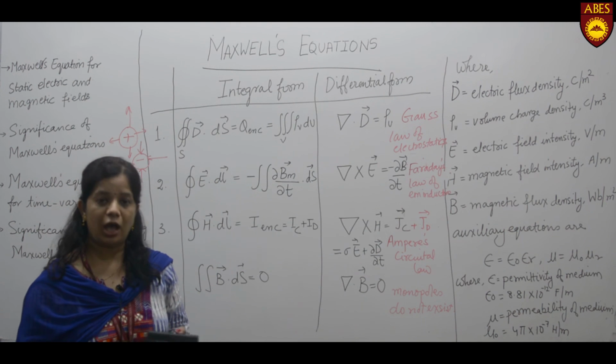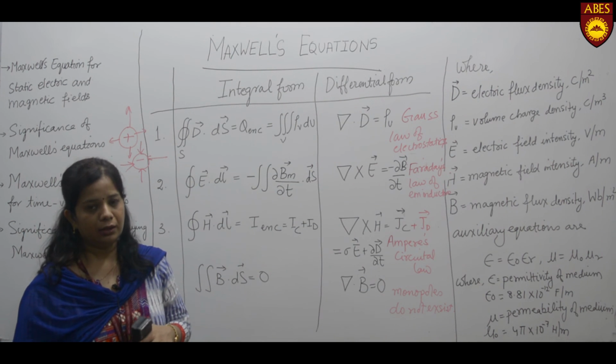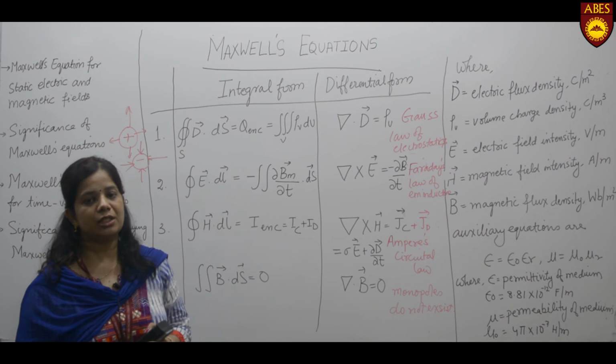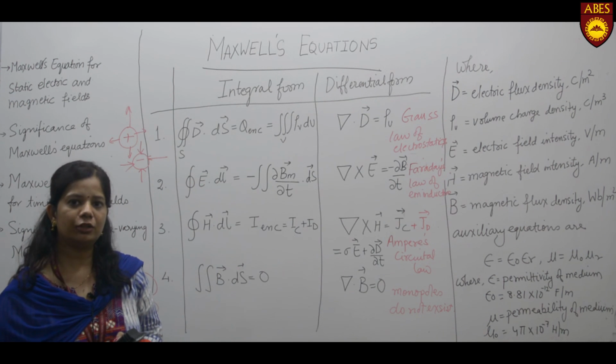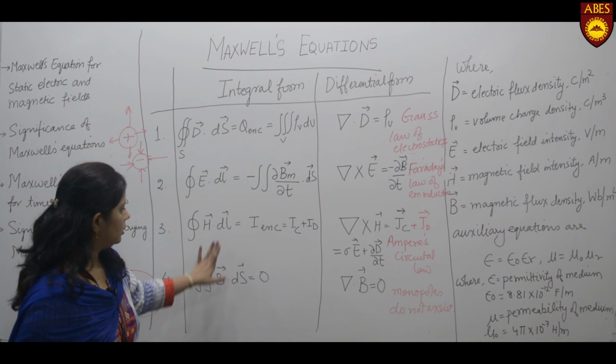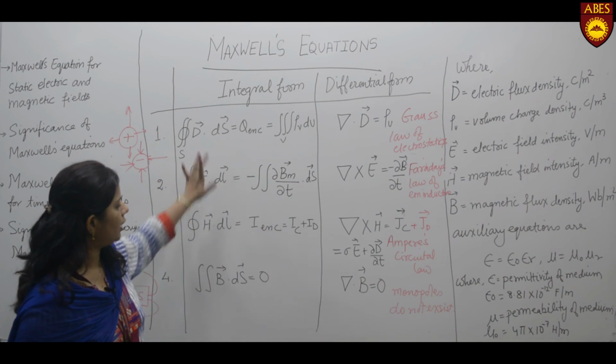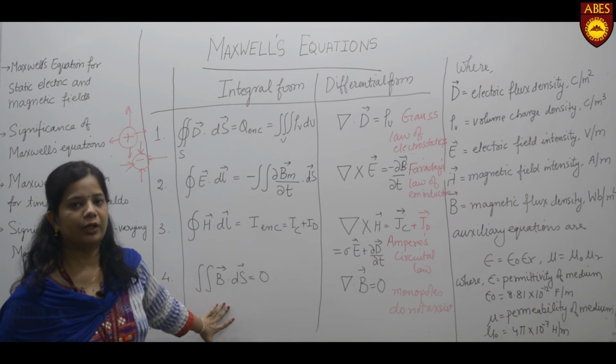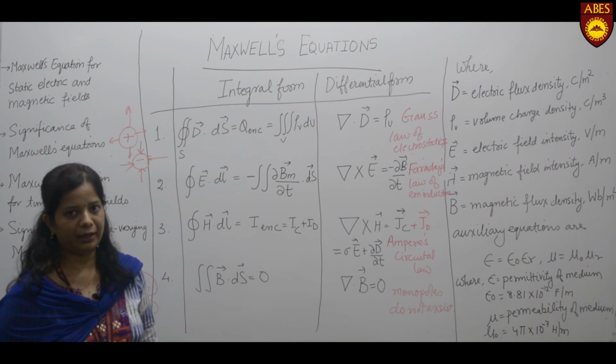Displacement current is a hypothetical current which was coined just to explain the phenomenon of production of magnetic field in empty spaces. So these become the four equations of Maxwell for time varying electric and magnetic fields.